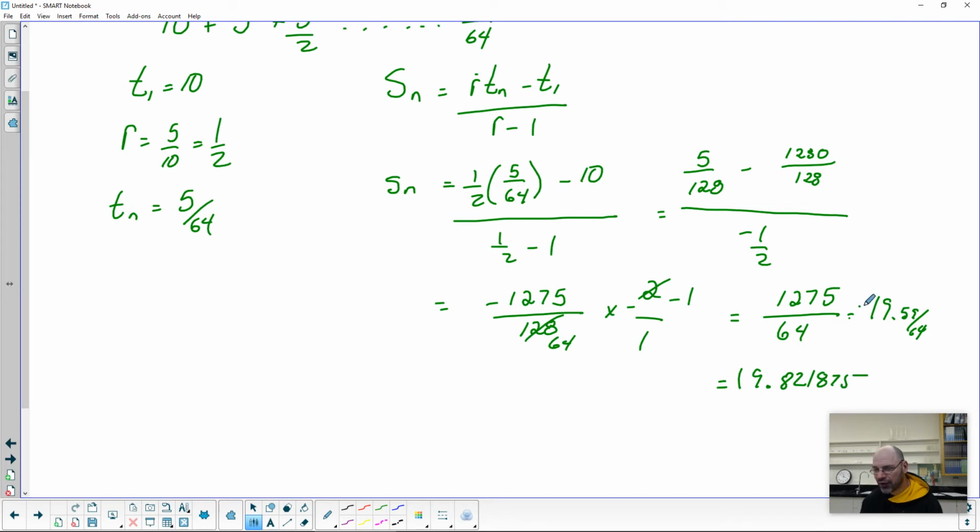So those are our plausible answers. You could leave it like this, and that would be fine as long as it's reduced. So there's 2 examples, one using Sn with a given R, Tn, and T1, and one with a given R, n, and T1. Okay, that's our second example.